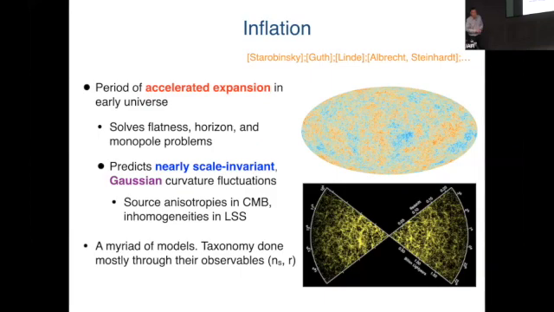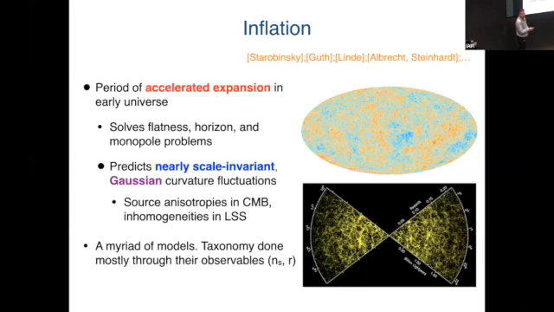Besides solving the flatness and the horizon problem of the hot Big Bang, its generic prediction of an almost scale invariant, nearly Gaussian spectrum of curvature perturbation seems to be in very good agreement with data. Now, these curvature perturbations are the sources of temperature anisotropies in the CMB and the density variation in the large-scale structure. Now, different models of inflation, however, could predict different patterns of anisotropy.